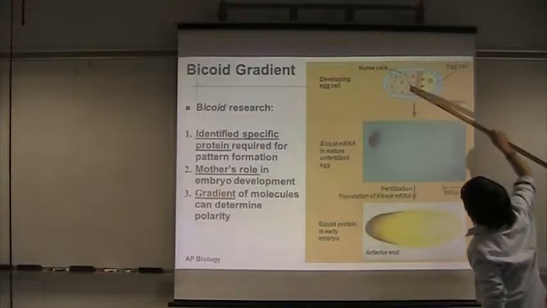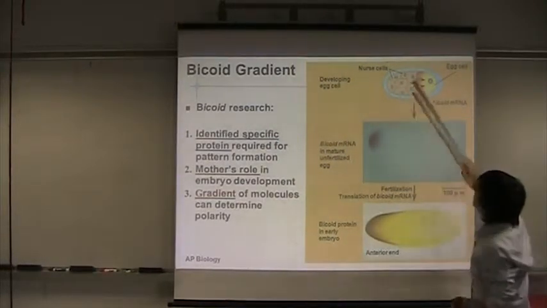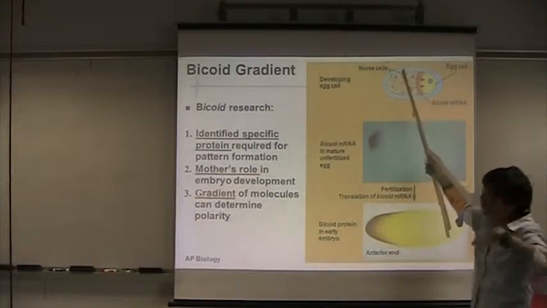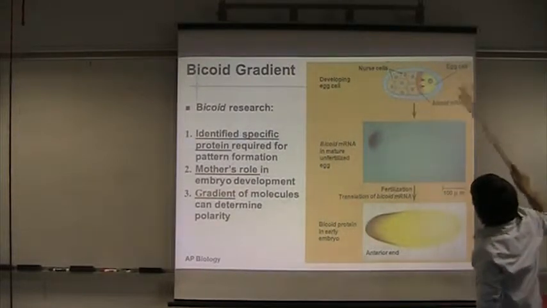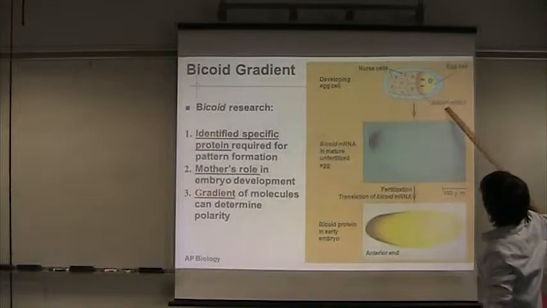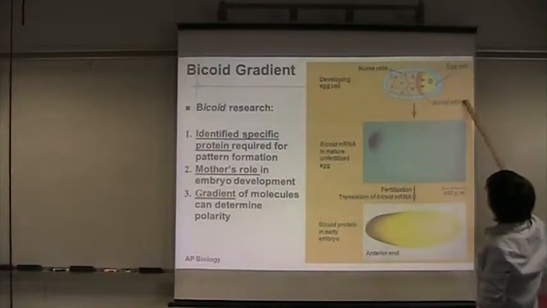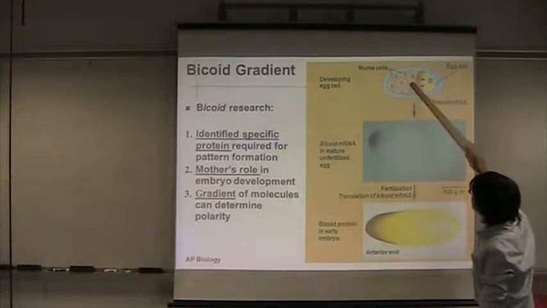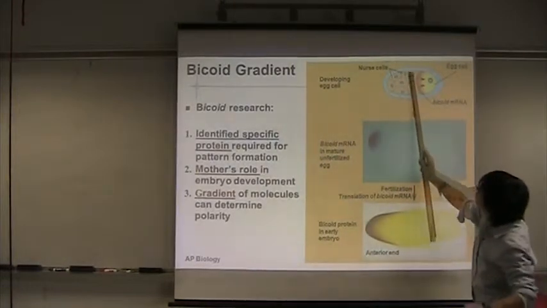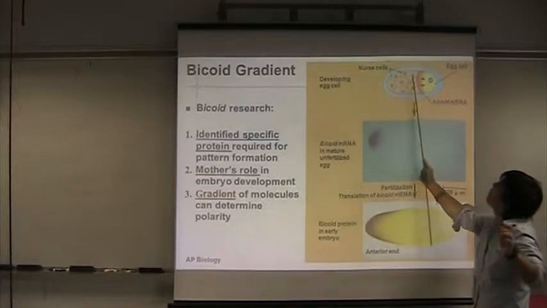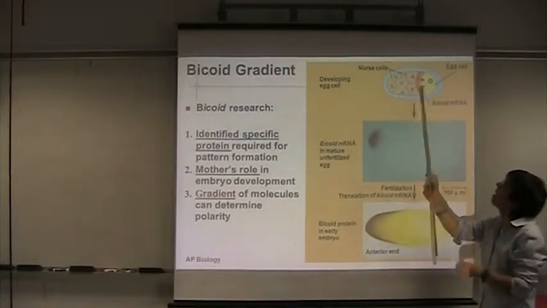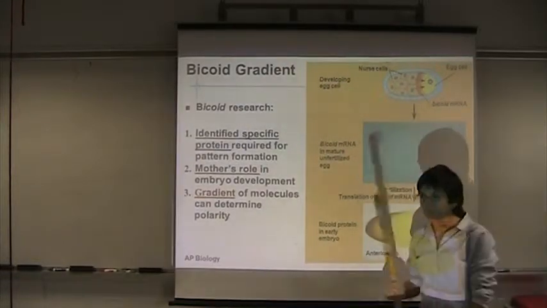But notice the cells that are around, the nurse cells, these cells are doing transcription. And notice what they are transcribing. They are transcribing a gene called bicoid, and they are producing messenger RNA. And this messenger RNA that is being produced by these cells is diffusing, is moving into the egg.